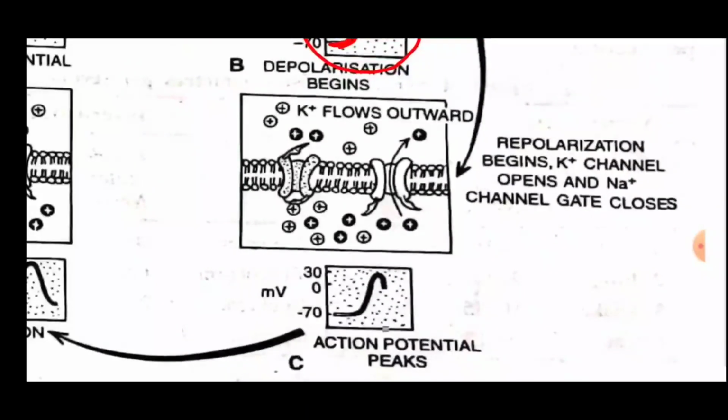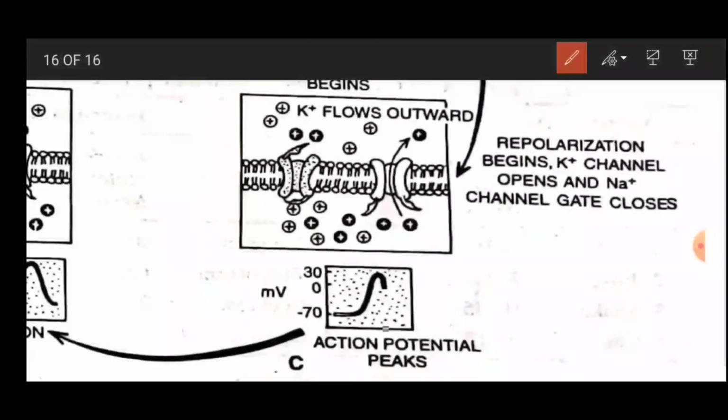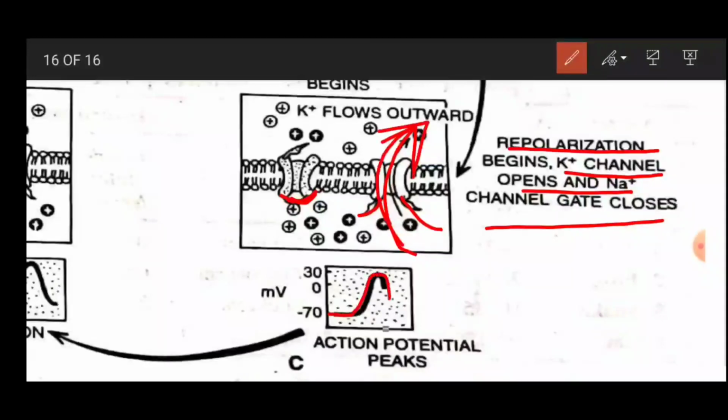Once the potential of the membrane has reached +30 millivolt, then repolarization begins: the sodium voltage gated channel closes and the potassium voltage gated channel opens, leading to the outward flow of potassium, and the curve takes this form.